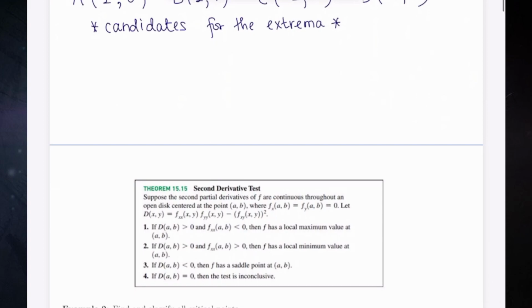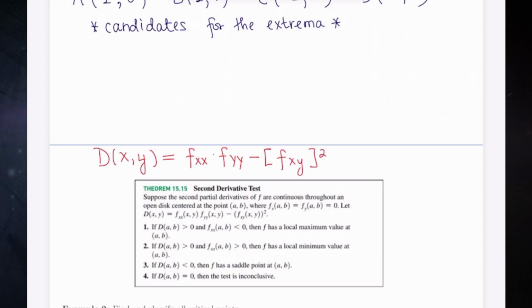We're going to call it the discriminant. It's a function of x and y that is going to take some values. How do we compute it? It's going to be the second derivative with respect to x times the second derivative with respect to y minus the mixed derivative squared.